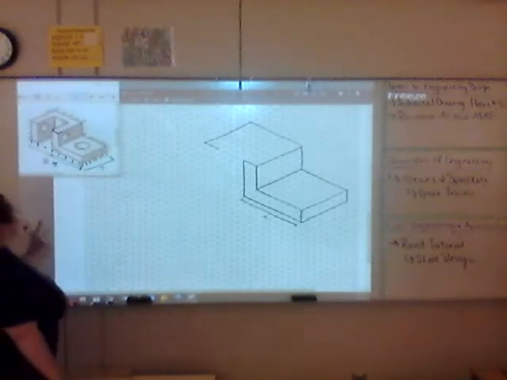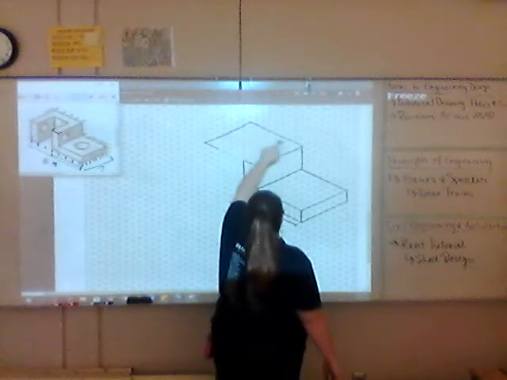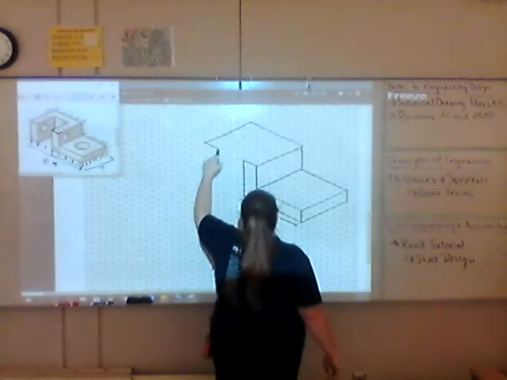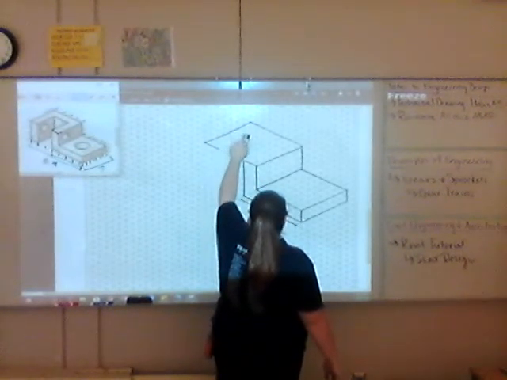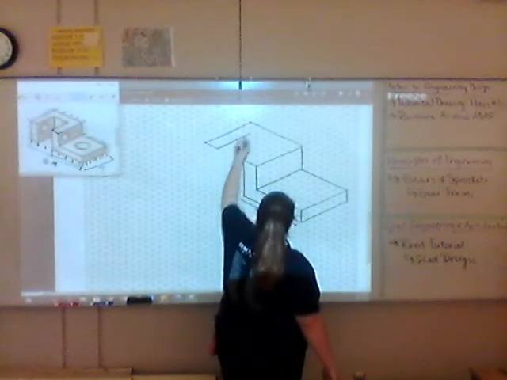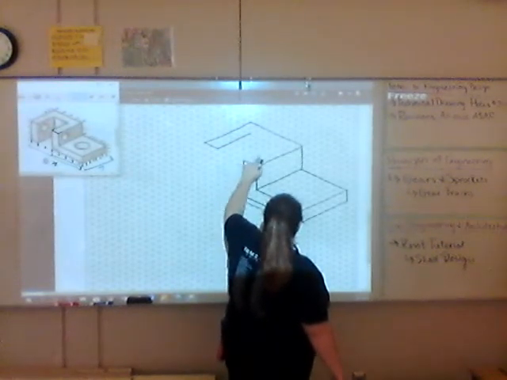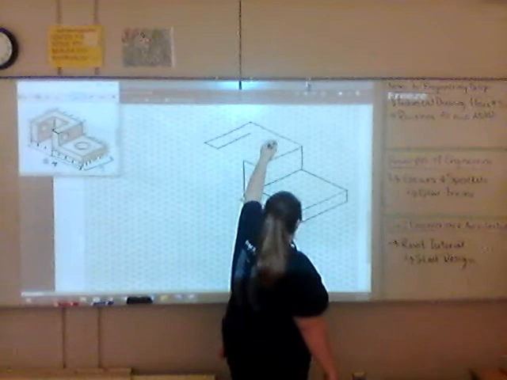So if we came forward 7, that means in order to make sure that we have a space of 2 along here, we have to go back 5. So that's 1, 2, 3, 4, 5 to right here. And that's going to be the same off of this portion, so 1, 2, 3, 4, 5 right here.